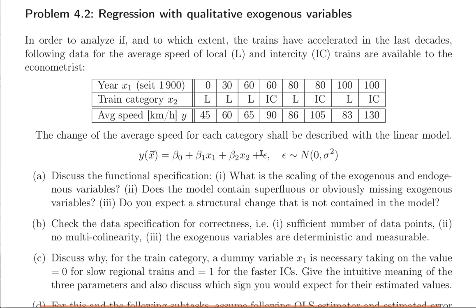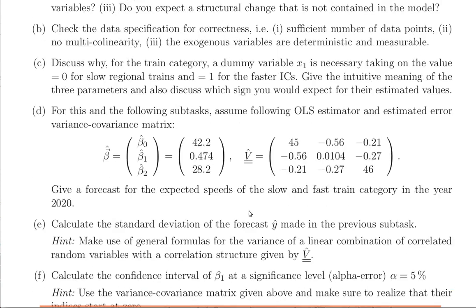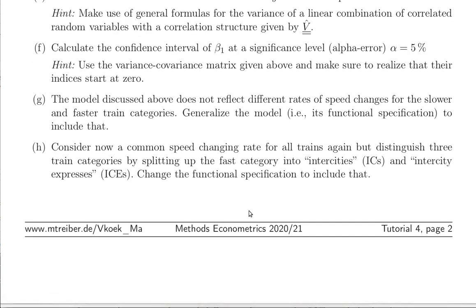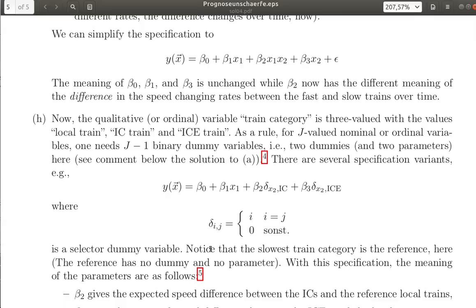The general principle is, if you have a nominal or qualitative variable taking on m values, you need m minus 1 dummies with values 0 and 1, and the one value which does not get a dummy is the so-called reference value. So here we had two values and one dummy. Now we have three values, and therefore we need two dummies.